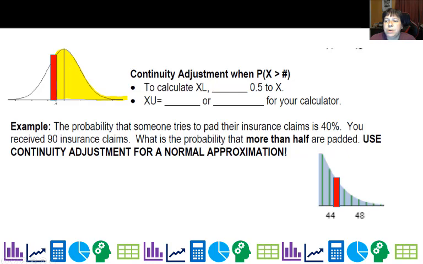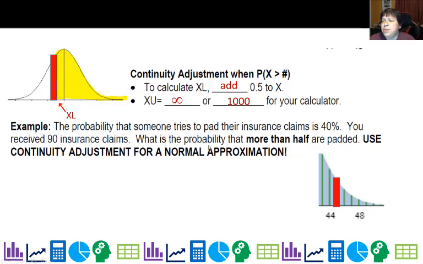Well, if my number is in here and I want to be greater than, I need to be on the right side of the box. So to calculate what the lower value is for my normal CDF, I'm going to add 0.5 to x. And then the upper is way over here somewhere, it's infinity, or 1,000 if that is high enough on your problem. And basically you do normal CDF.